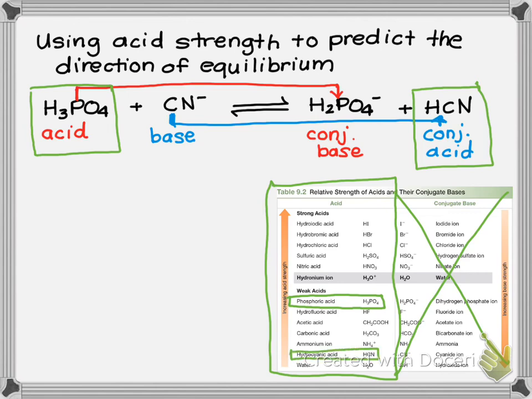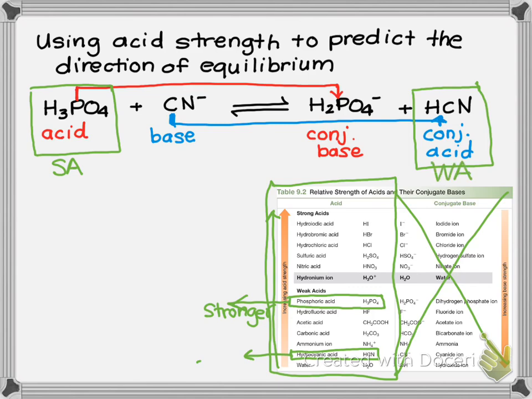Looking at this chart, as I go up, it gets stronger. So this one is the stronger acid. And in this case, this is the weaker one. It's lower on the table. This is the weaker acid.